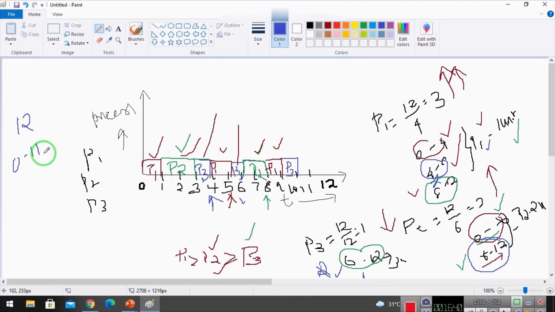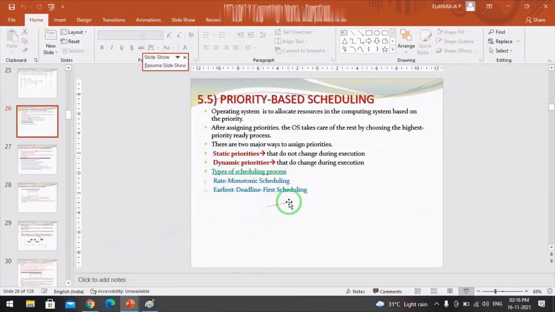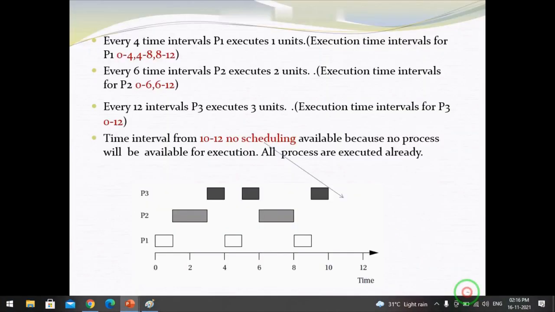So the efficiency will be very high, and the CPU utilization also will be very, very high. Because still 1 more time unit is there, but even though the time unit is there, the processor completed its execution. Okay. So this is one example regarding how RMA executes the respective task.